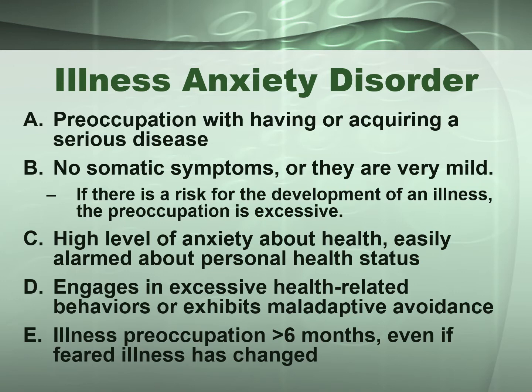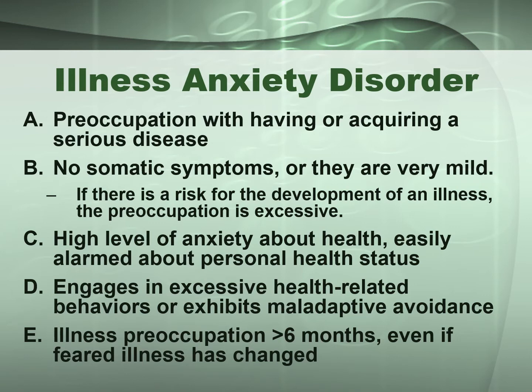And despite that, they're constantly concerned that they have acquired or will acquire this serious disease. And this is tricky because there are individuals who may have a reason to be afraid that they're going to acquire disease. Perhaps there's a family history, or perhaps they know that they have some risk factors. And when that's the case, we still want to look at if their preoccupation and response is excessive.